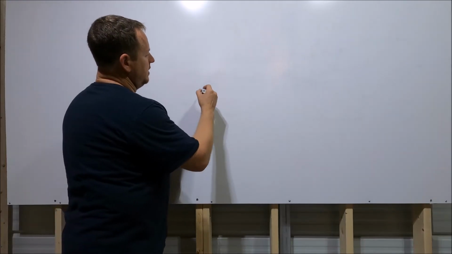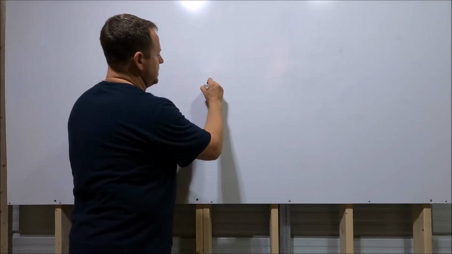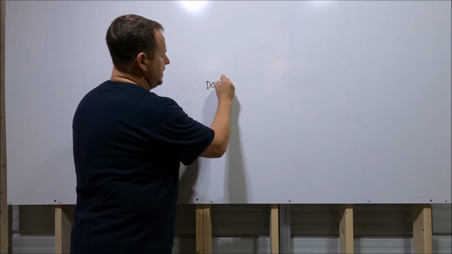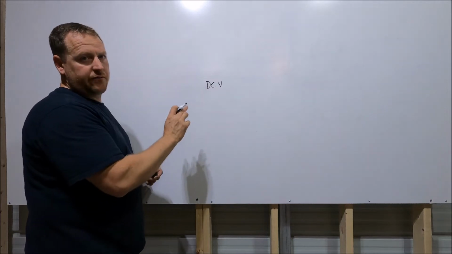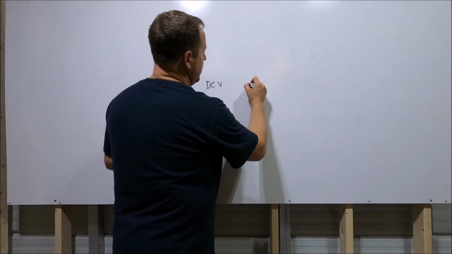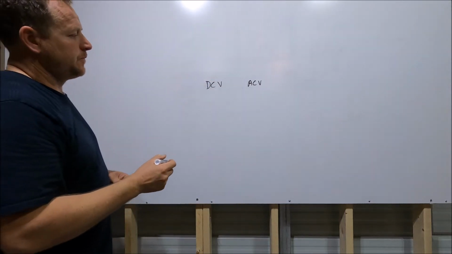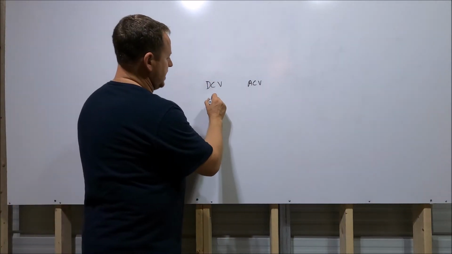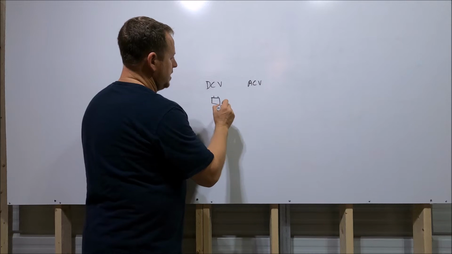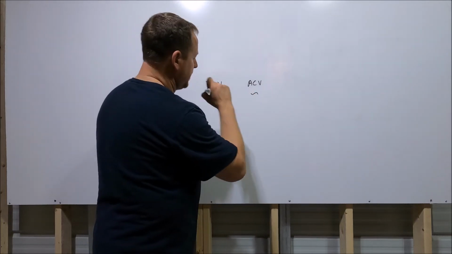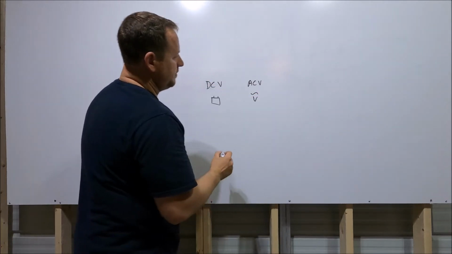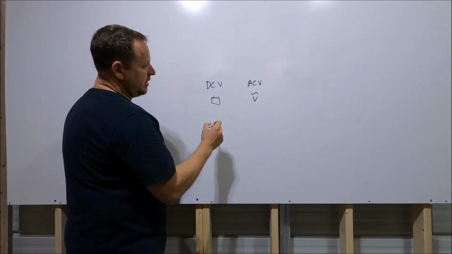So on a voltmeter, for voltage, you might see DCV, direct current voltage, and then you might see ACV, alternating current voltage. On one of my voltmeters, it actually has a little battery, and sometimes you'll see a squiggly line with a volt, or with a V with a squiggly line over it.